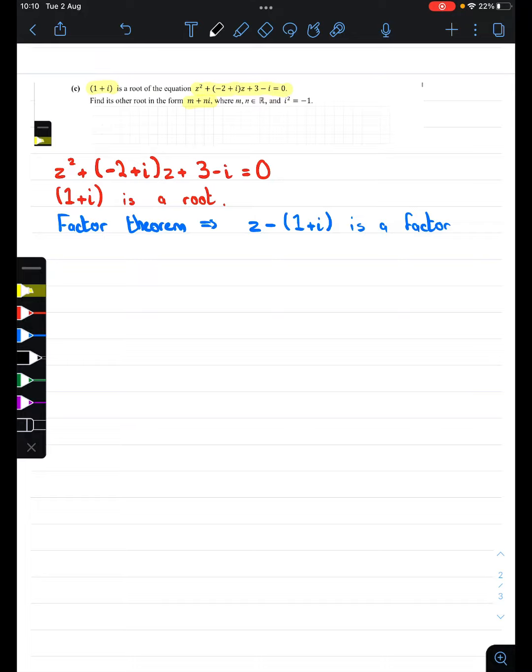Okay, so z minus (1 plus i) into z squared plus (minus 2 plus i) z plus 3 minus i.